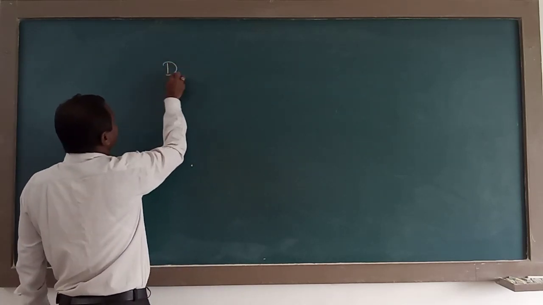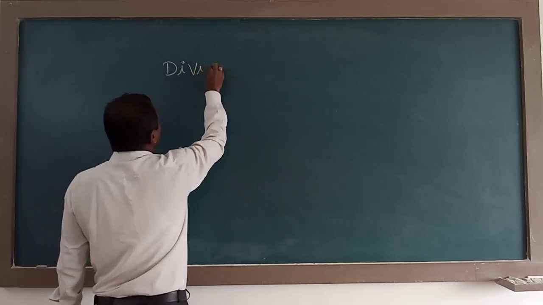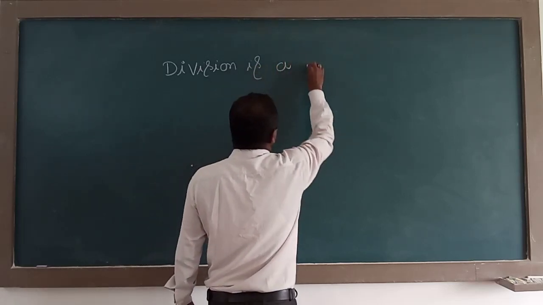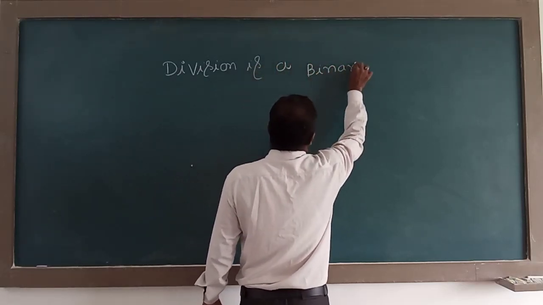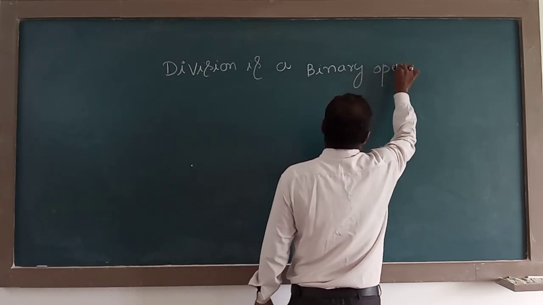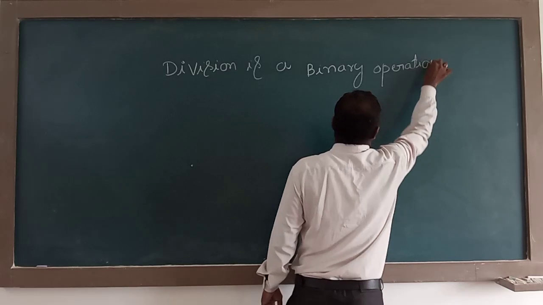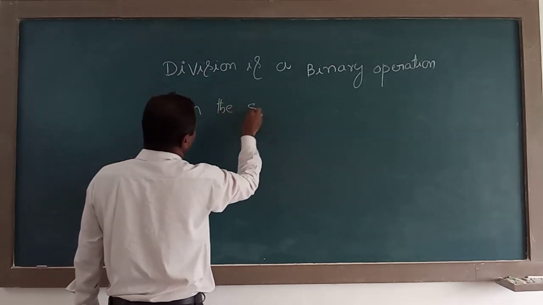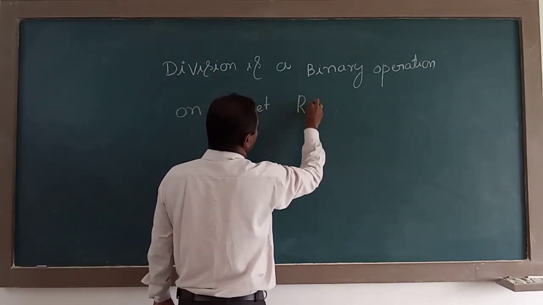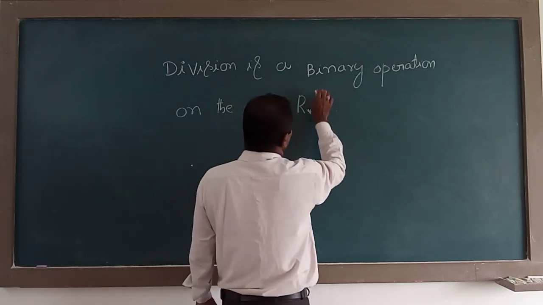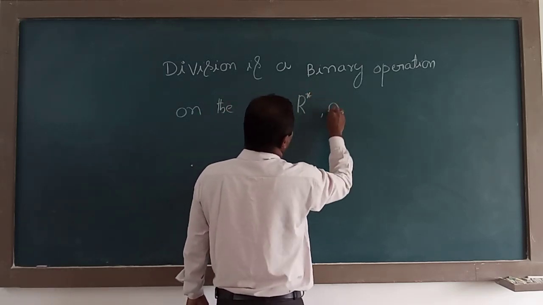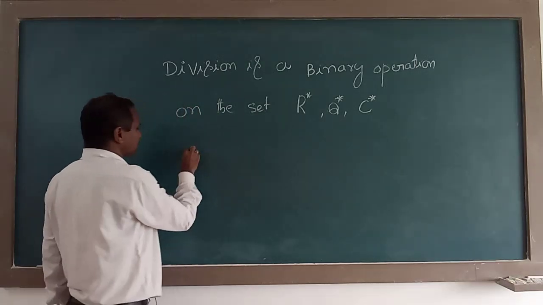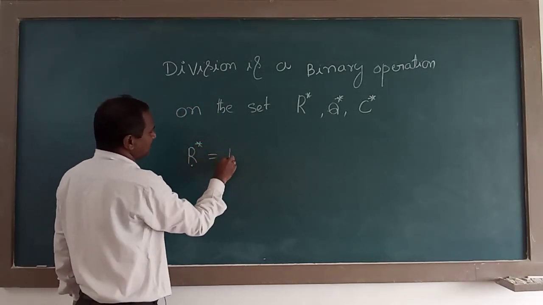Division is a binary operation on the sets R star, Q star and C star, where R star means R minus 0.